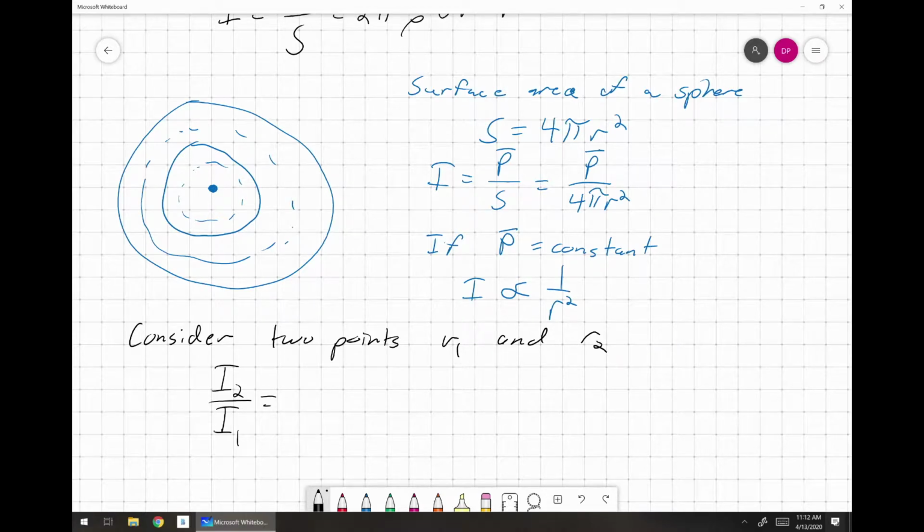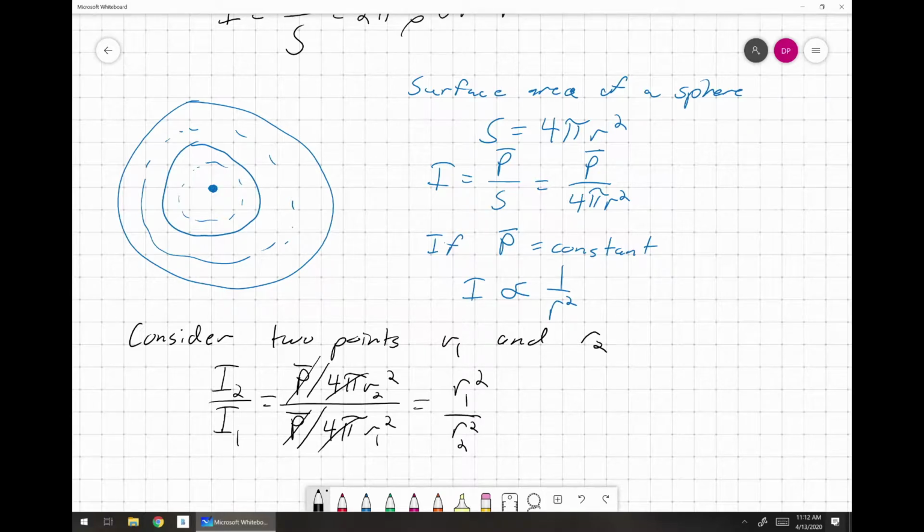So we can say the intensity at 2 is going to be this average power divided by 4 pi r2 squared, and then we have our average power divided by 4 pi r1 squared. And so a lot of these things are just going to cancel each other out, right? So if we have constant power output, then these 4 pi's are also going to cancel, and we're left with r1 squared over r2 squared.